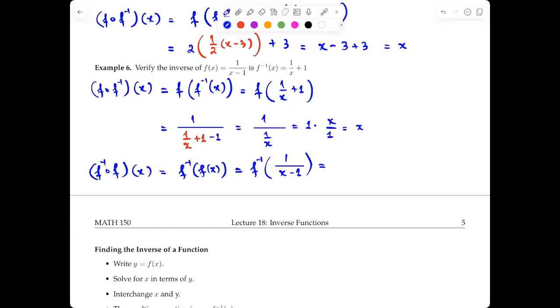So in that case, you remove x and replace it by 1 over x minus 1. So here are the calculations: 1 over x, plus 1. So that is for f inverse. What you do now is replace x by 1 over x minus 1.